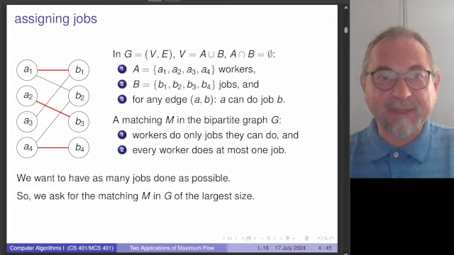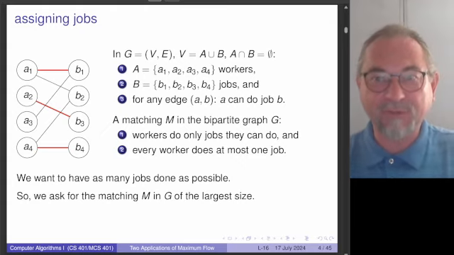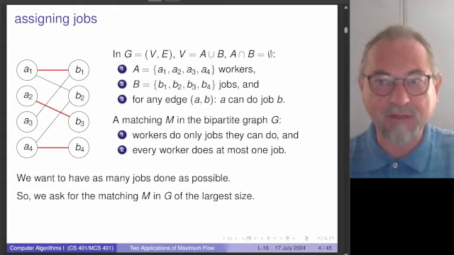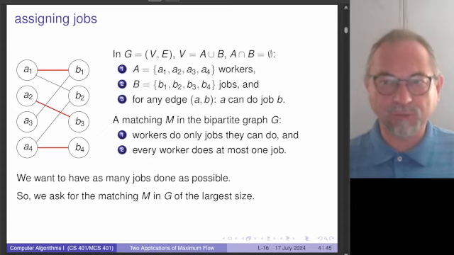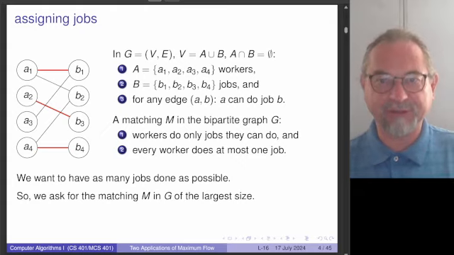Okay, what is an application? We could think of job assignments. In one set are the workers, and in the other set are the jobs. Having an edge between a worker and a job means that the worker can do the job to which there is an edge.